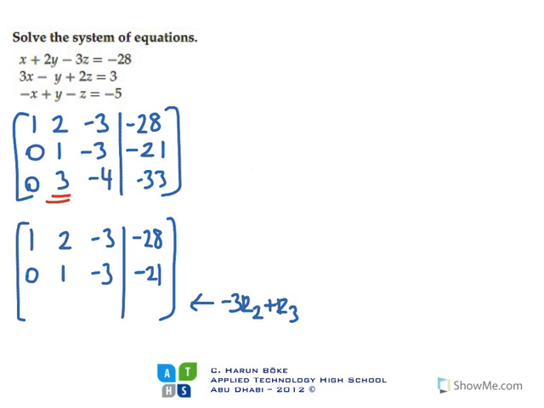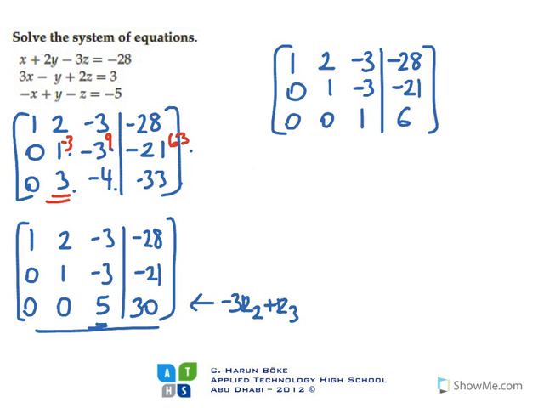So let's see, this will be -3, 9 and 63, and if we do the addition, -3 plus 3 will be 0, 9 minus 4 will be 5, and 63 minus 33 will be 30. And if I simplify the third row by dividing by 5, I will get 1 as an entry here.